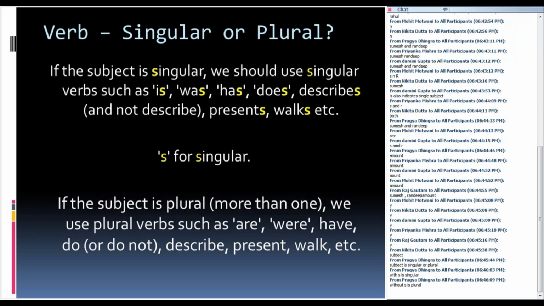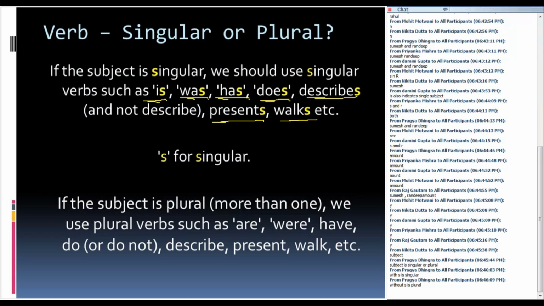If the verb ends in an S, you can see examples: is, was, has, does, describes, presents, walks. Then it is singular, and we should use it with subjects that are singular.